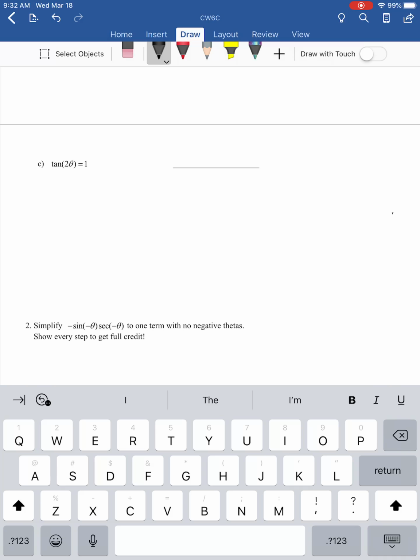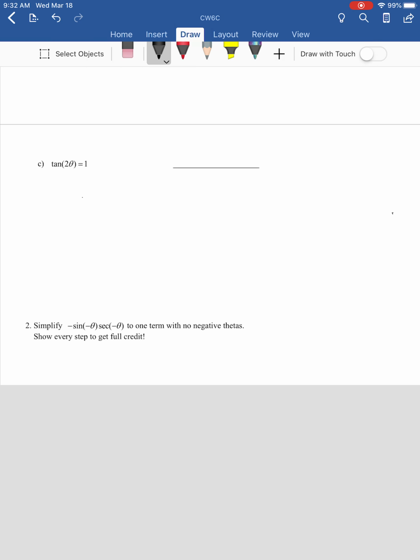Theta is between 0 and 360, but 2 theta is between 0 and 720, 2 full revolutions around. Well, where is tangent 1? Tangent is positive here and here. And tangent is 1 at 45 degrees, opposite over adjacent the same.